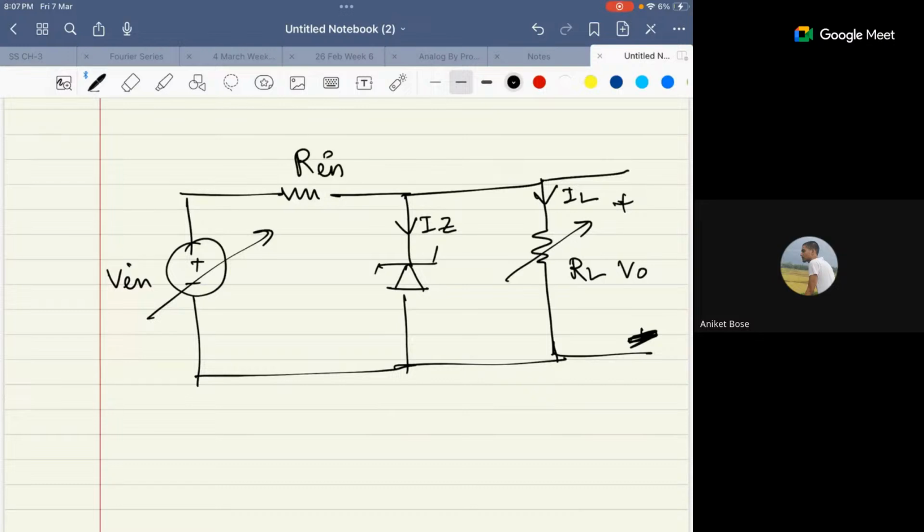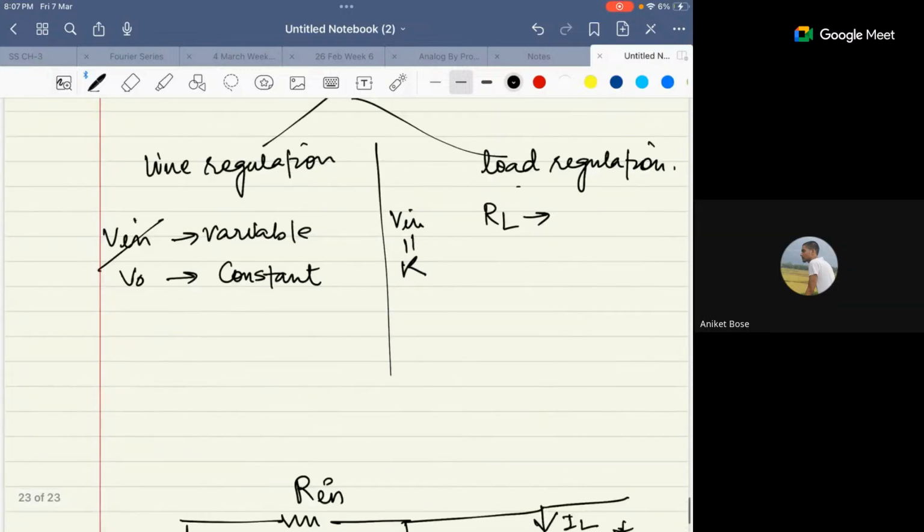If you are varying the input voltage, then generally you call it a line regulation.